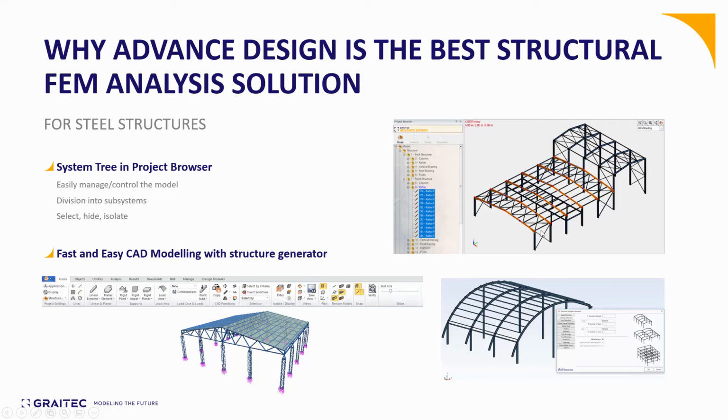For example, you can put your beams in one group, columns, rafters, etc., and you will have control over all of those components based on the systems that you have defined there. If you want to hide them, isolate them or inspect them, it's much easier to control them directly from the project browser.